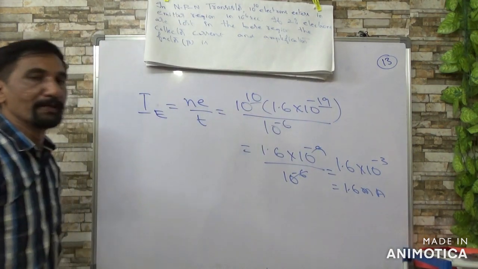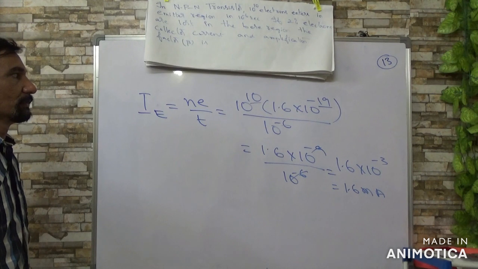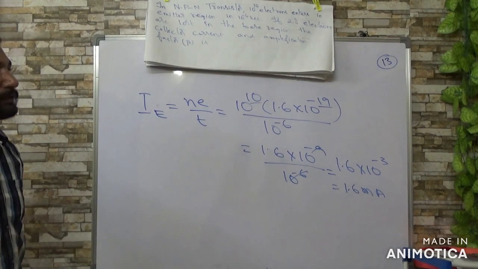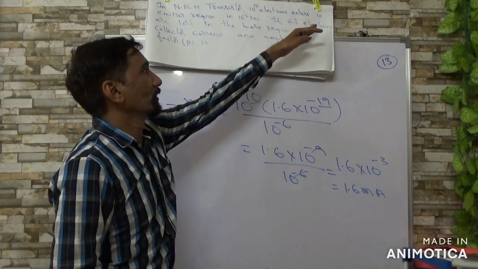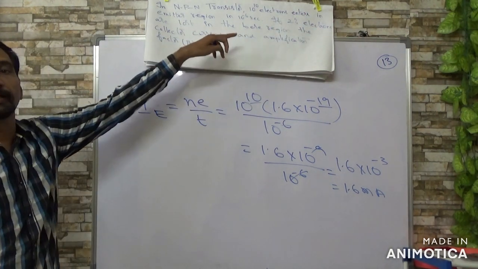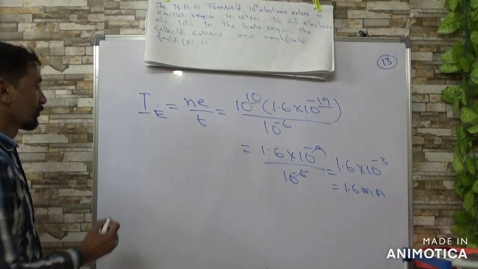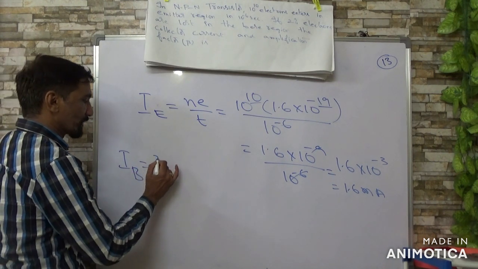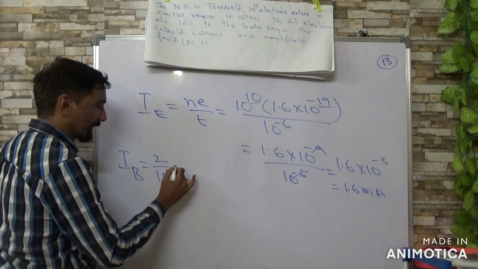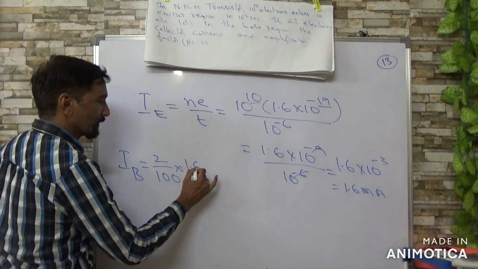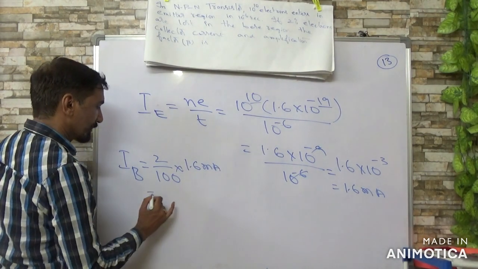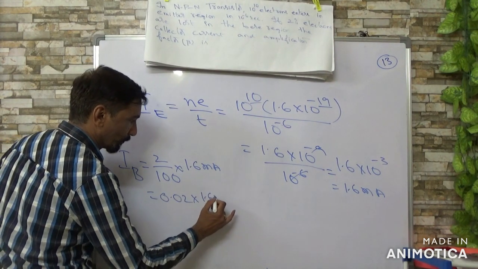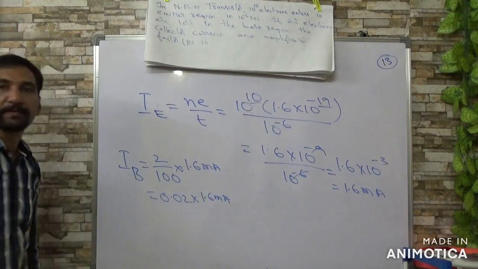Okay, that is 1.6 milliamps, the total emitter current. Now, 2% of electrons are lost in the base, they are saying. So current in the base region is 2%, means 2 by 100 of that 1.6 milliamp, nothing but you can say 0.02 into 1.6 milliamp.